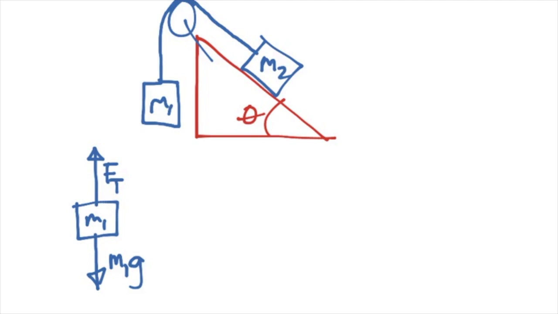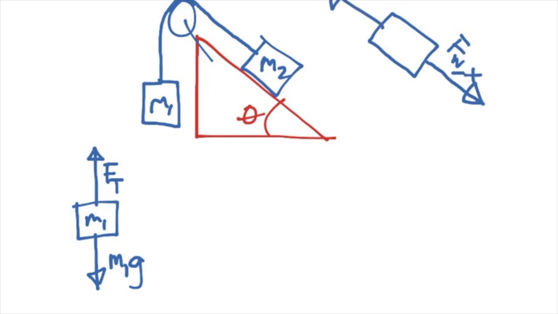Those are the forces on M1. If we isolate M2, put it on its incline, there is a part of gravity down the ramp, F_W, and I'll call this axis in a minute X, I'll explain that, and up the ramp is force of tension.